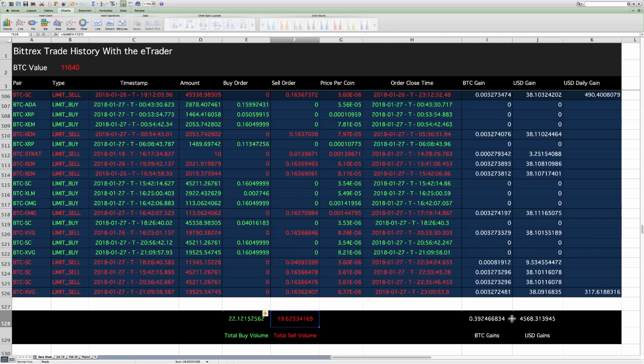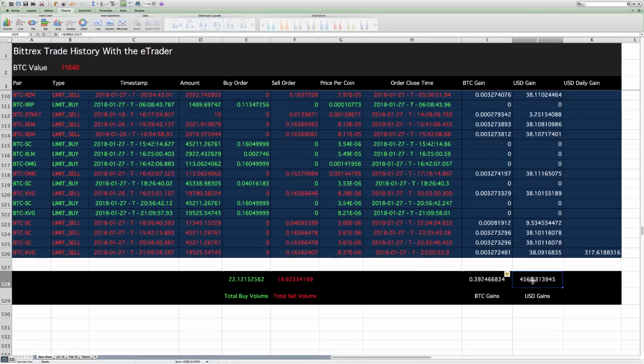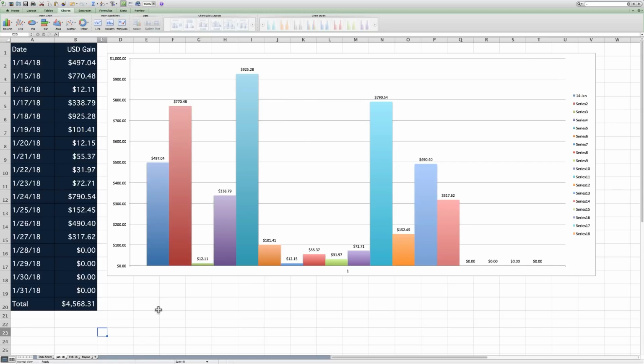So based on those days, the 14th to the 27th, with using today's Bitcoin value, it was a gain of almost 0.4 Bitcoin or $4,500.